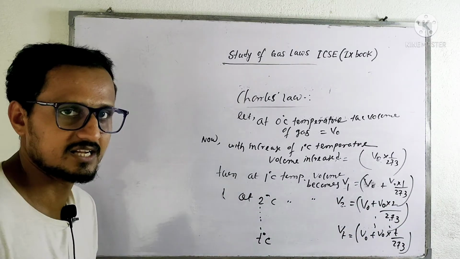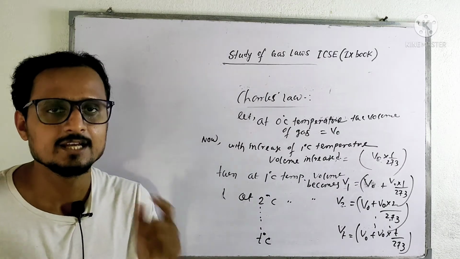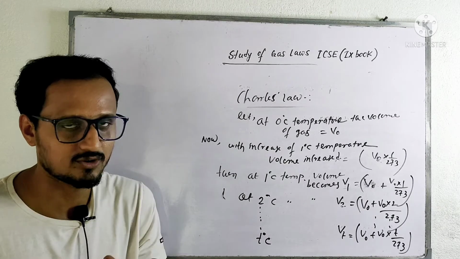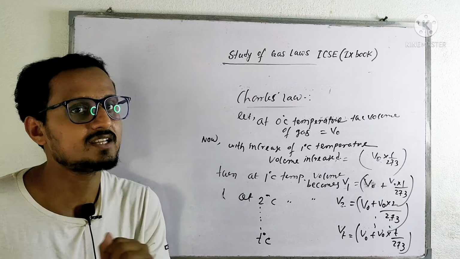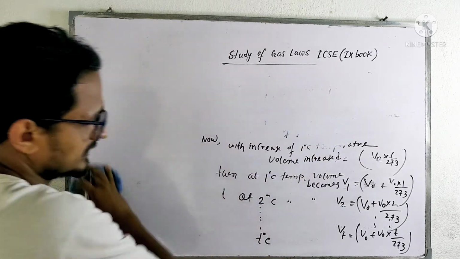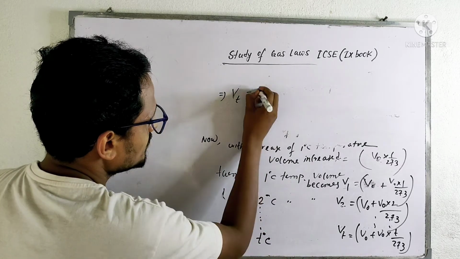Now I think it is clear that with every 1 degree centigrade rise in temperature, the volume of a gas will increase by 1 by 273 part of the initial volume, the volume at 0 degree centigrade, if pressure is constant. Now in this relation for Vt, we can take V0 common.